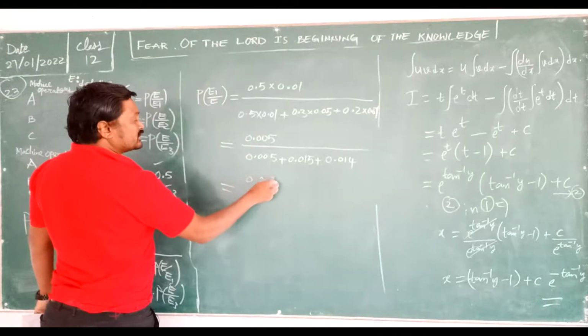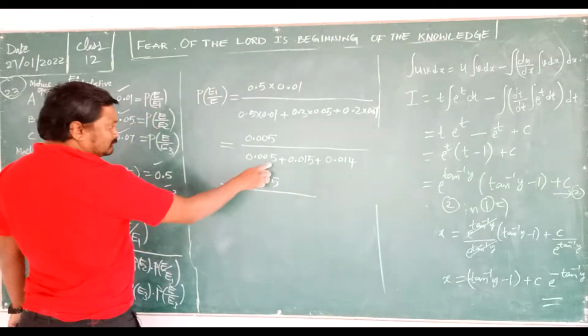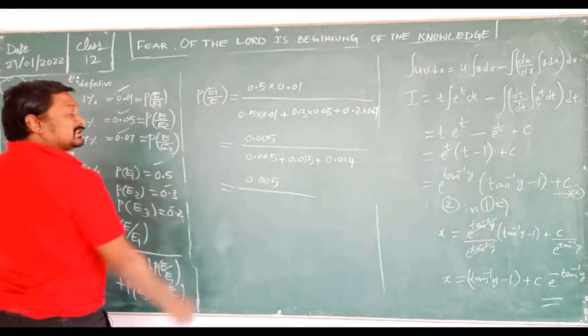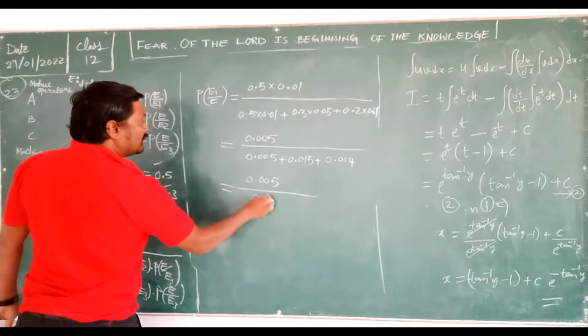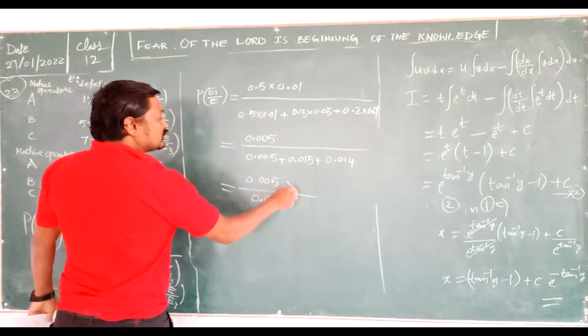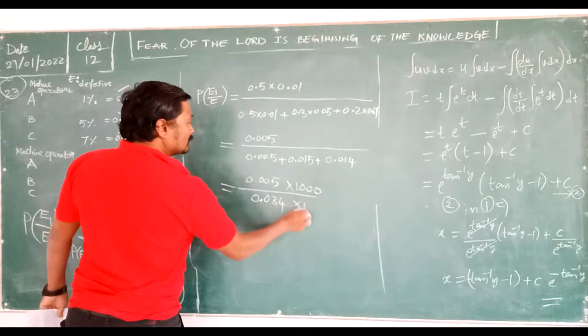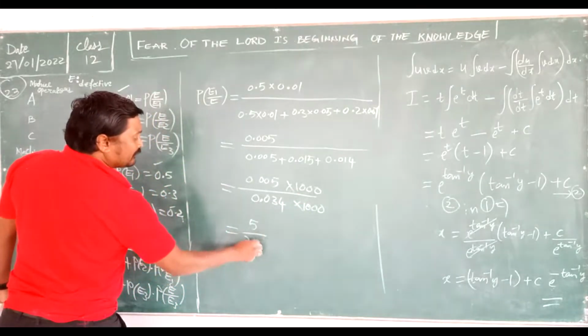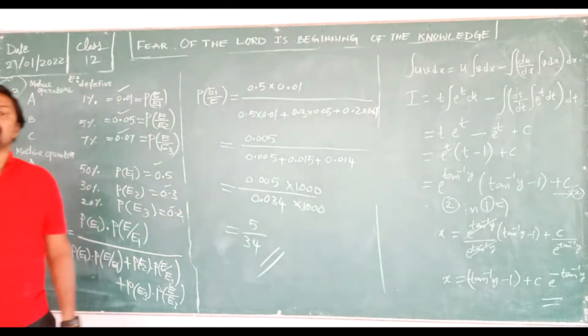Going to get 0.005 upon 15 plus 14, 29, 29 plus 5, 34, so that means 0.034. Multiply both with 1000. You are going to get 5 upon 34. This is your final answer.